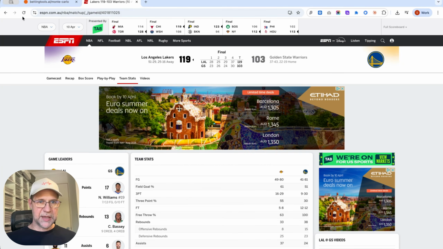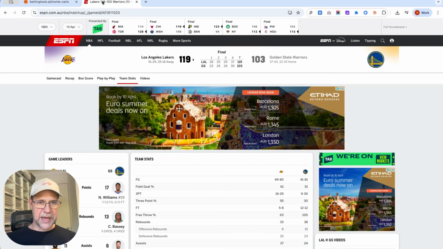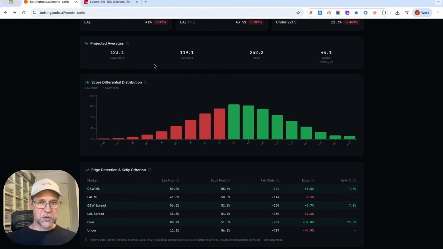But interestingly, the model here actually got the Lakers score dead on, so 119, which was interesting. And then the over, even though the game was quite low scoring through parts of it, the over actually hit on this one. There's a lot of factors at play, but the over did hit. And this is the one we were saying to take with a grain of salt. But ultimately, as you can see, it got the Lakers score correct.